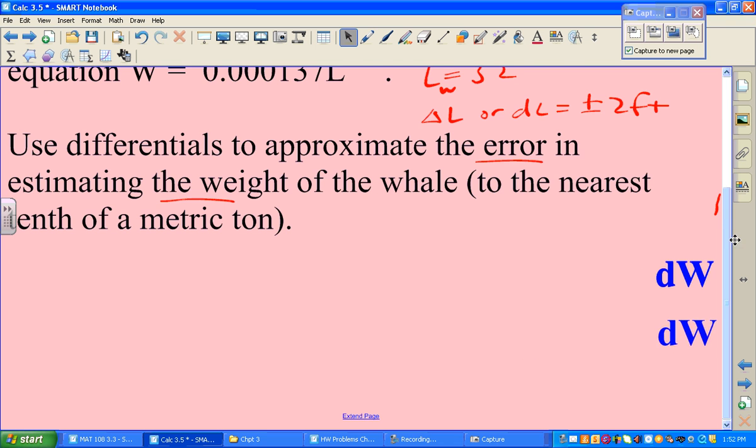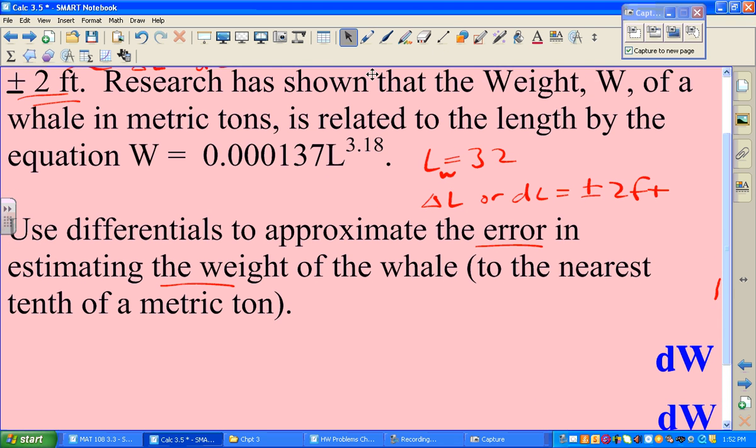Isn't this a dW over W thing? Yeah. What's the derivative of W? All right, what do you get when you multiply those?